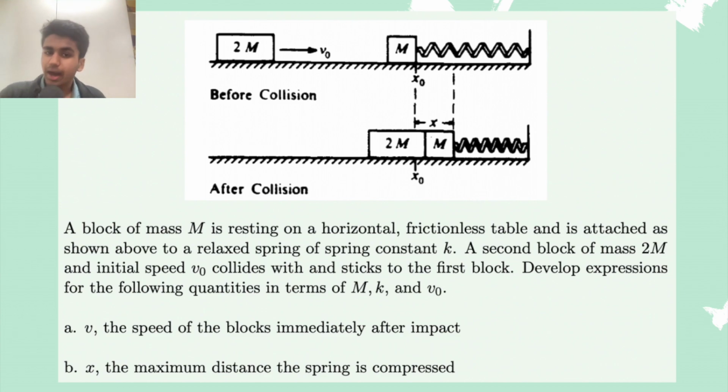It compresses until kinetic energy is 0, which means all the kinetic energy after the collision, be very careful, not before the collision. The kinetic energy after the collision will convert to spring potential energy. So now let's start with part A.